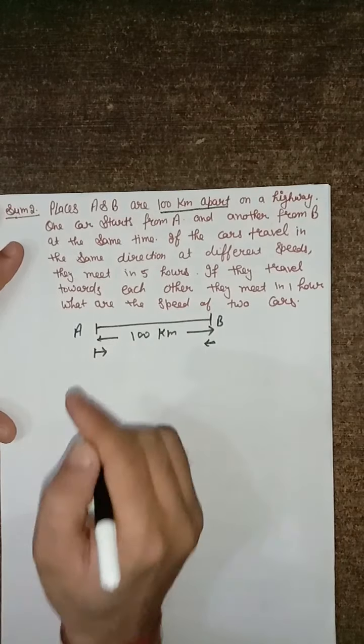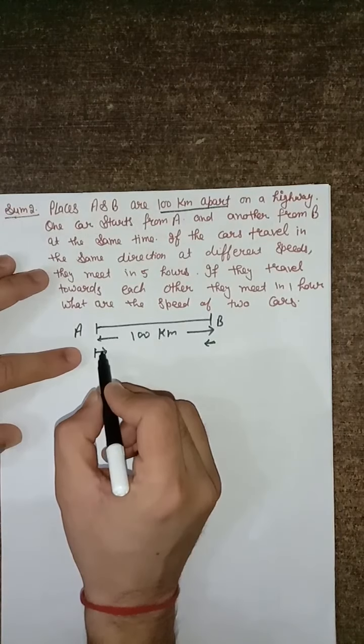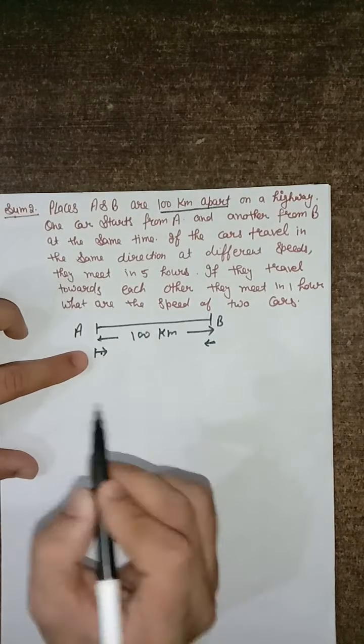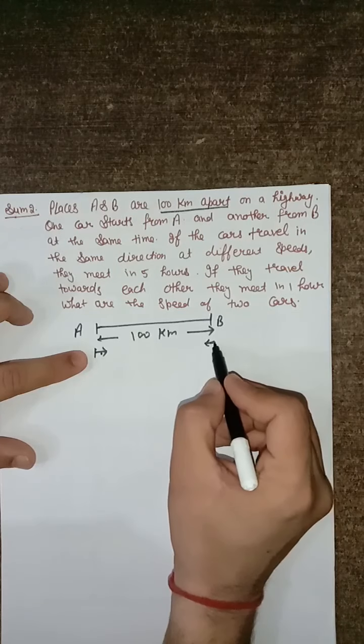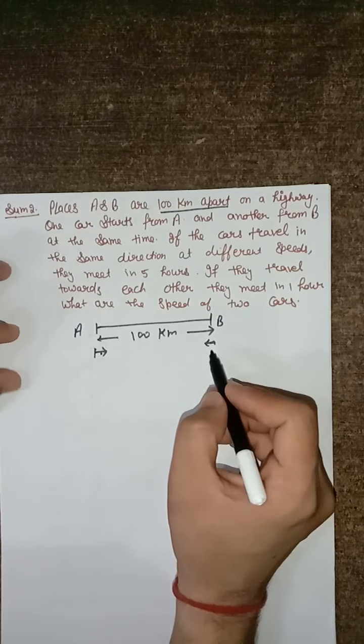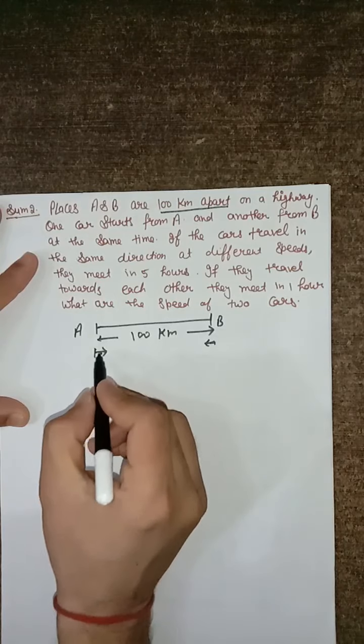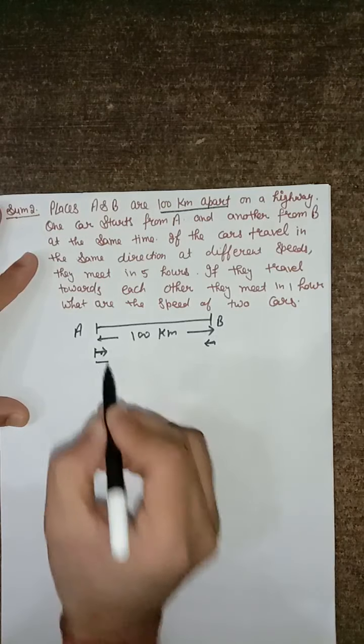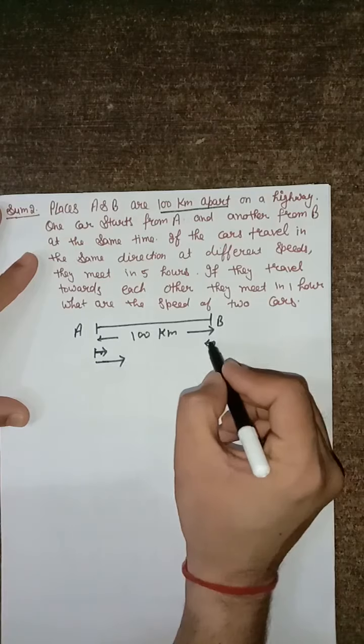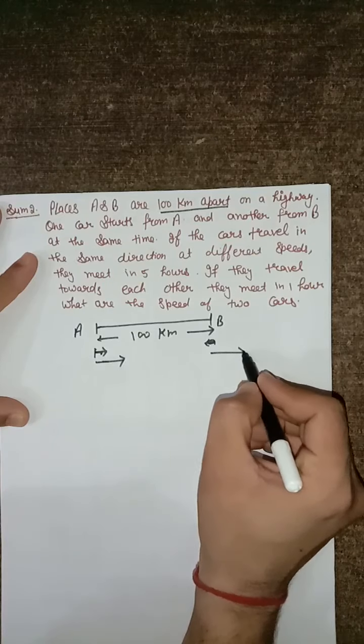Students, if a car from A and a car from B start moving in the same direction, let car A be moving in that direction and car B in that direction.